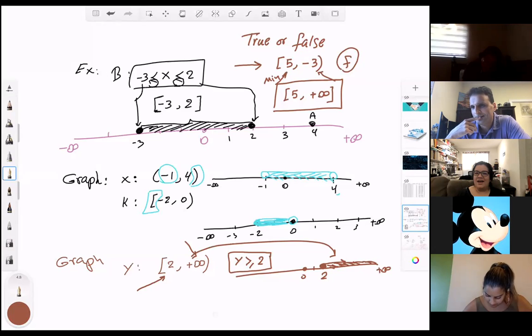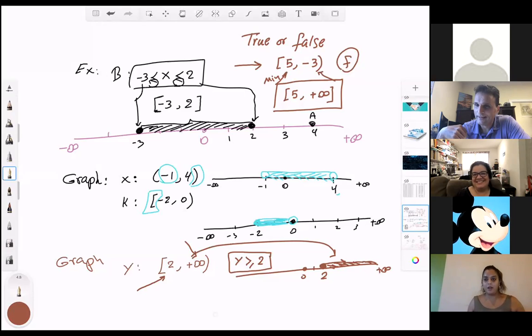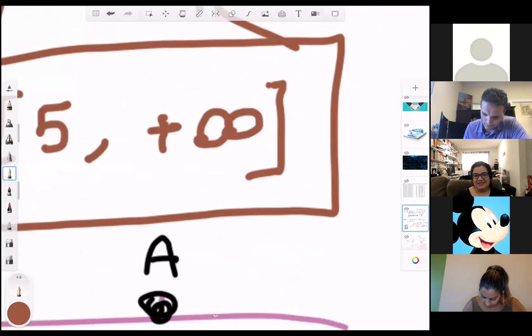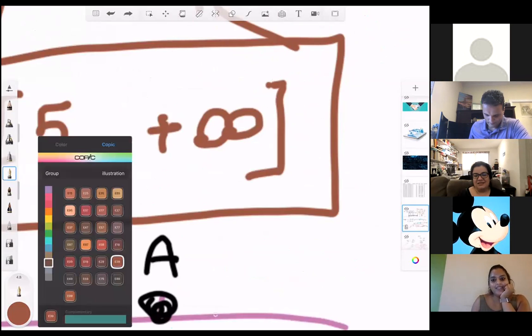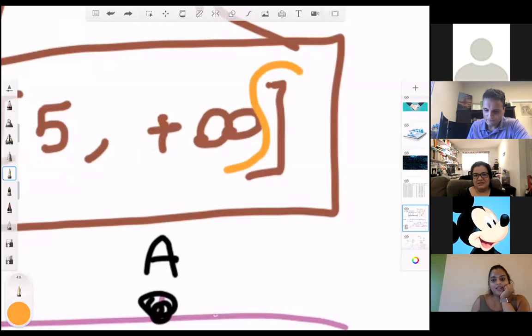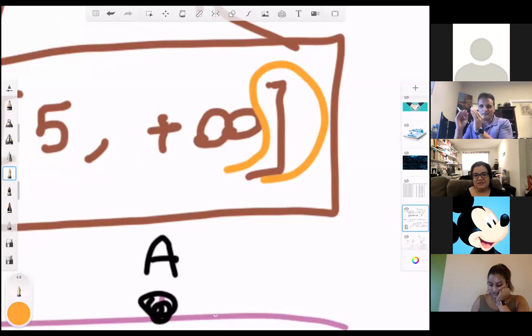Why is it false? Because of the closed bracket for the infinity, correct? Not because the bracket here is little, it doesn't need to be a perfect line. Because of infinity: we have no idea what's happening in infinity, there is no number in infinity to include.